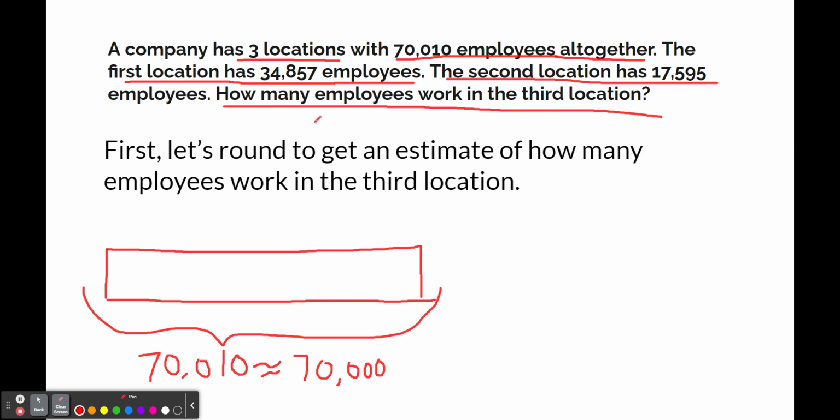Okay, and then in the first location, they have 34,857 employees, which if we round that to the nearest 10,000, is going to be about 30,000.